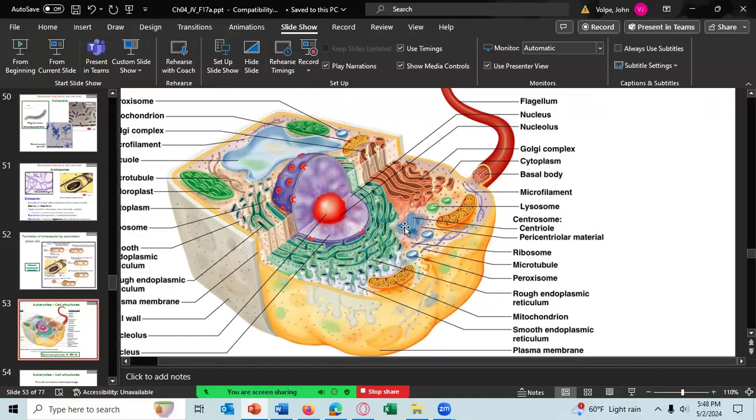It's involved in helping the cell form the spindle in mitosis and meiosis. Animal cells have the centrosome, but plant cells do not. Plant cells do form a spindle in mitosis and meiosis, but they don't have a centrosome, which helps make the spindle.